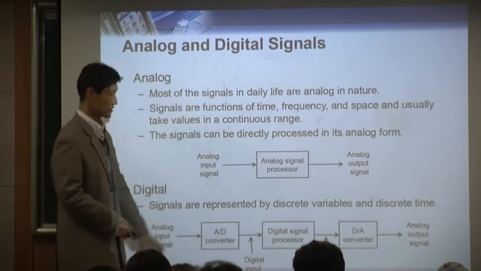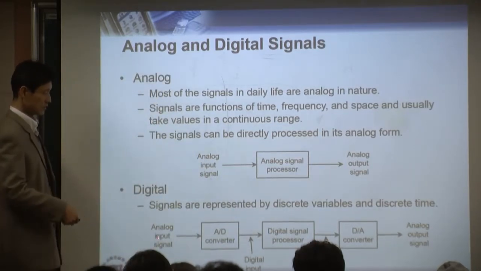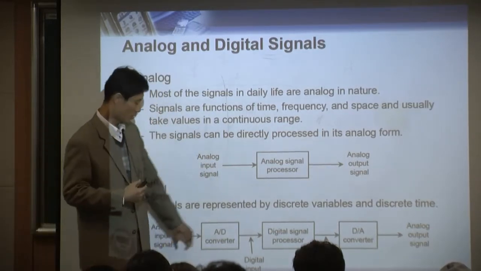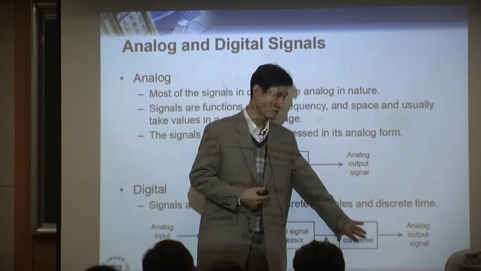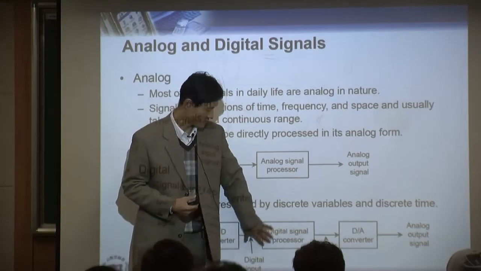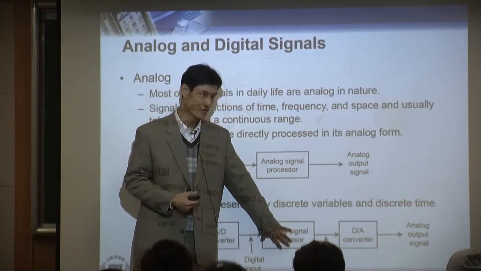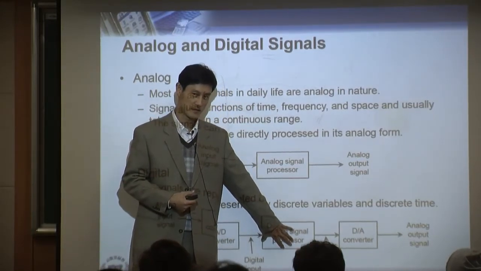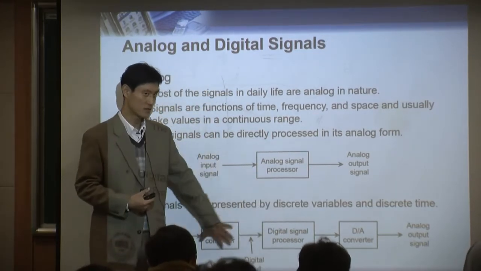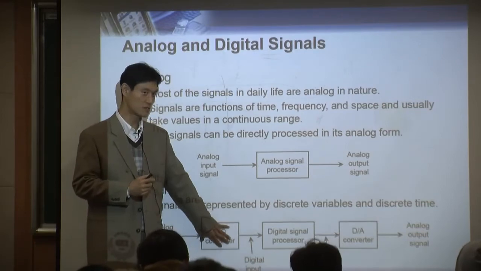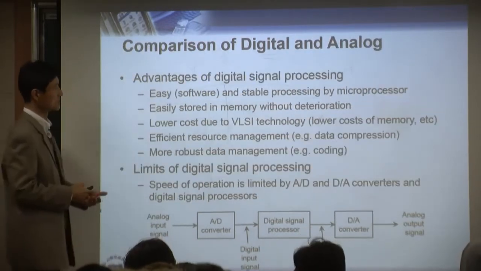To use this technique, we need to learn what the AD converter and the DA converter are. The digital signal processor part you learn in the DSP course. But we're going to review a little bit on the A to D converter.